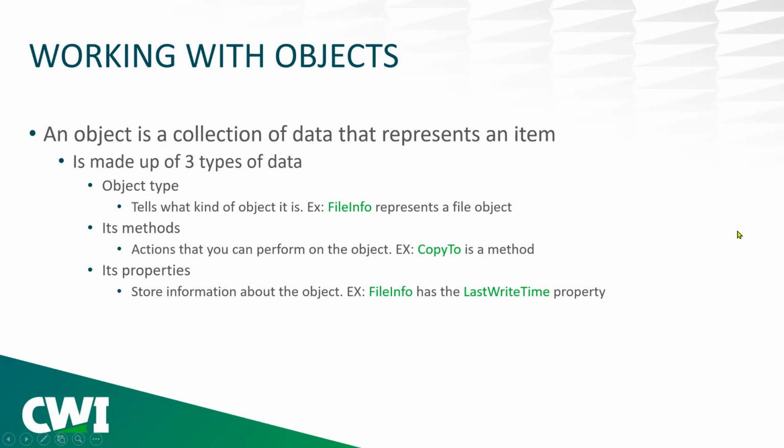You have your object type, and this tells what kind of object it is, like FileInfo represents a file object. You have its methods, the actions you can perform on the object, like CopyTo. And then its properties store information about the object, like FileInfo has the LastWriteTime property, and those can be used as well.